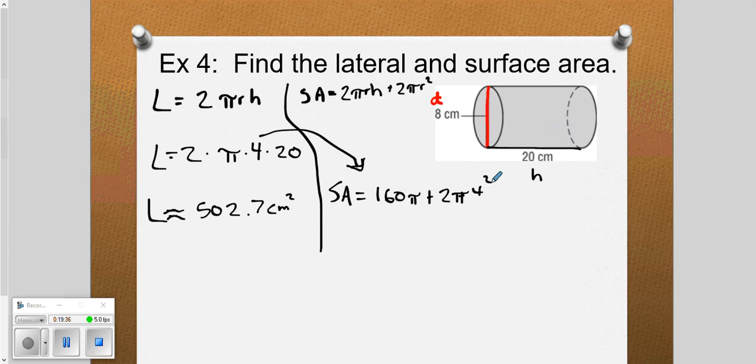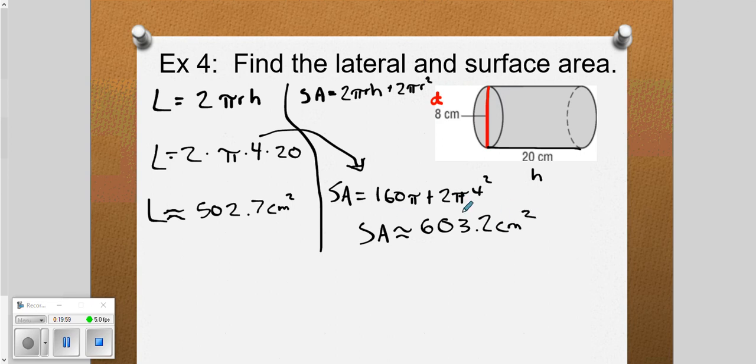So key it all in, 160 pi plus 2 times pi times 4 squared. And this time around, I'm getting, it is approximately 603.2 centimeters squared.